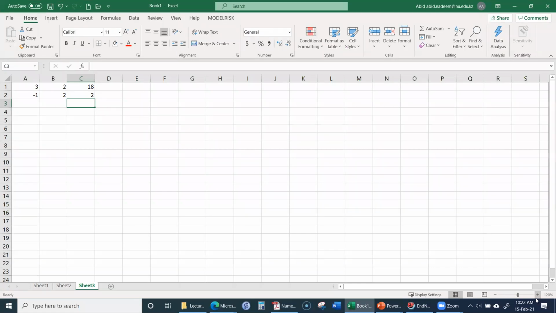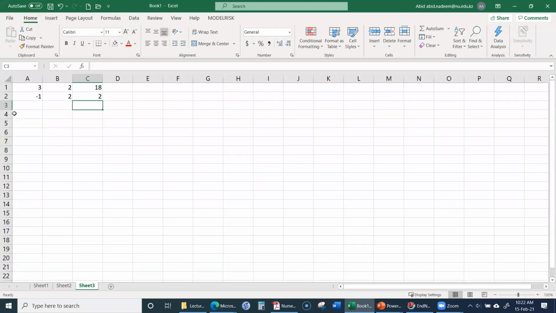Here we have this system of equations, and it asks us to scale this system to a maximum value of 1. What does it mean? It means that we have these coefficients 3, 2, minus 1, 2. So we will change this system in such a way that the maximum value of the coefficient should become 1.